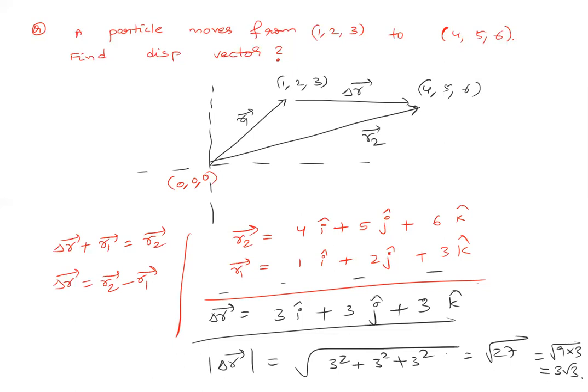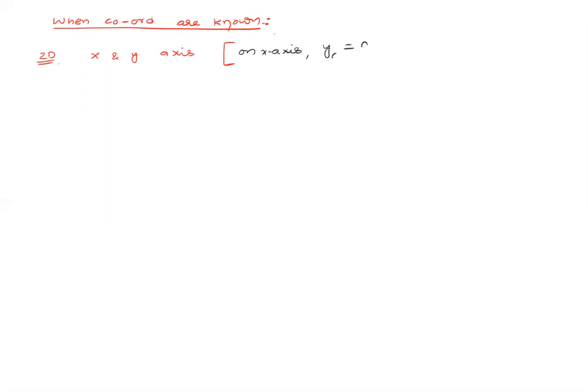Now for extra information, when coordinates are known, as I told you, you are supposed to write vectors as head coordinates minus tail coordinates. Many students do not know how to plot the coordinates. In 2 dimension, you will have only x and y axis. On the x axis, the y coordinate will be 0.